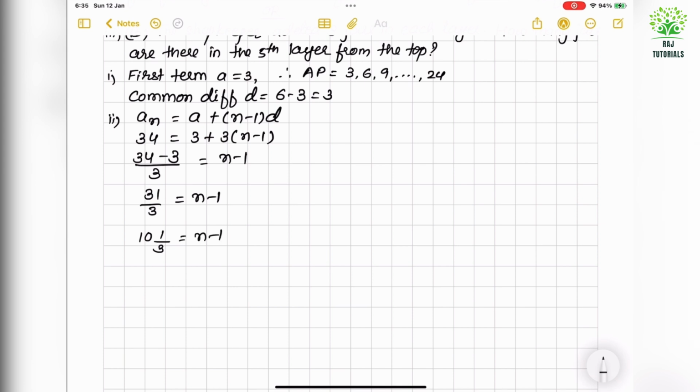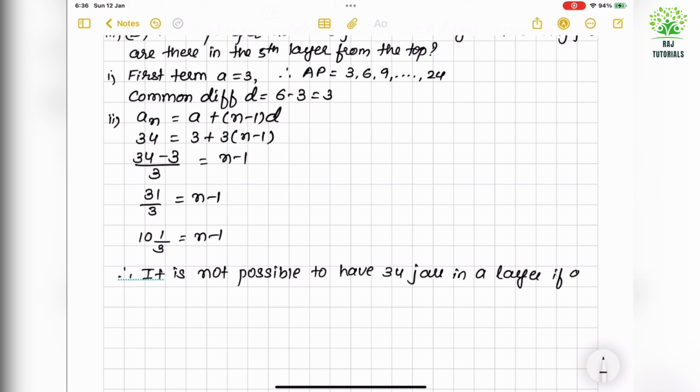So I can say, therefore, it is not possible to have 34 jars in a layer if the given pattern continues.